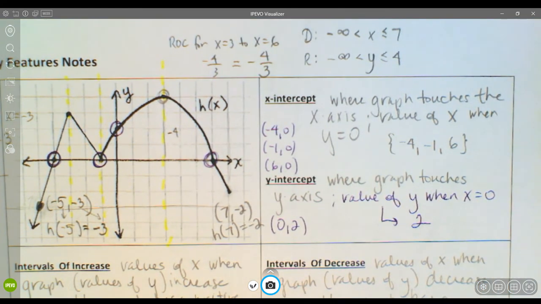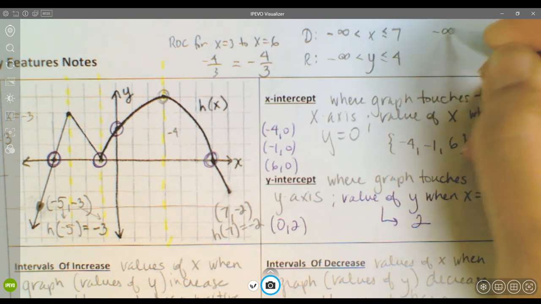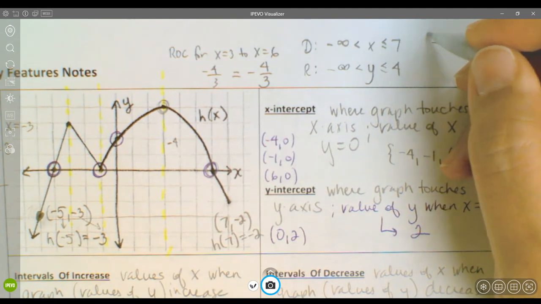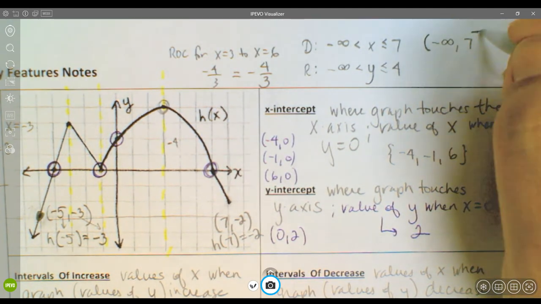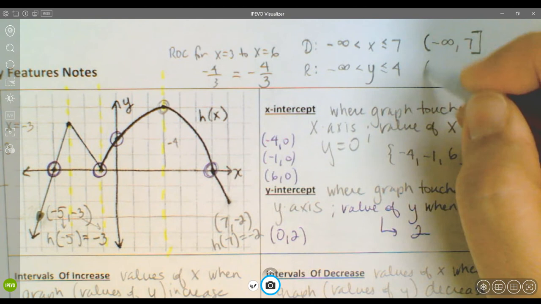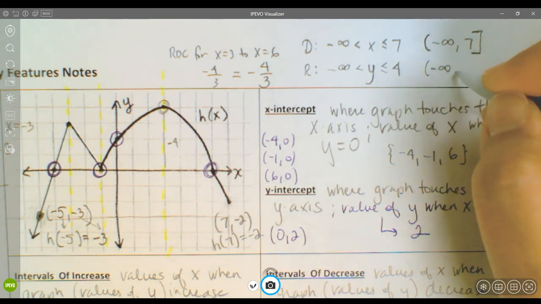And if I wanted to do the interval notation, my left bound is -infinity. My right bound is 7. Since I can't touch -infinity, I'm going to use a parenthesis. Since I can touch 7, I'm going to use a bracket. For my range, my lower bound is negative infinity, and again, we don't touch it.